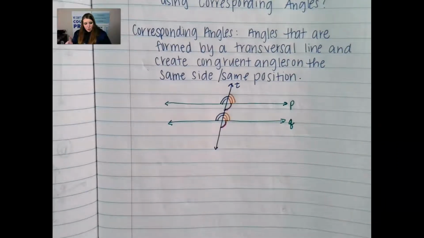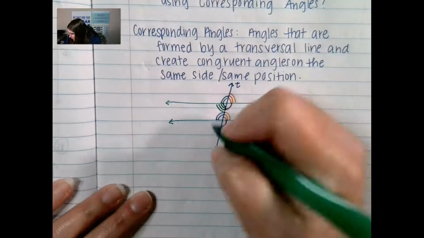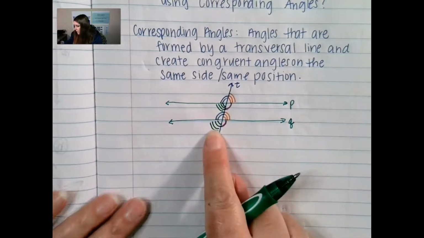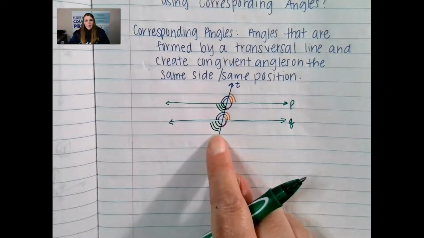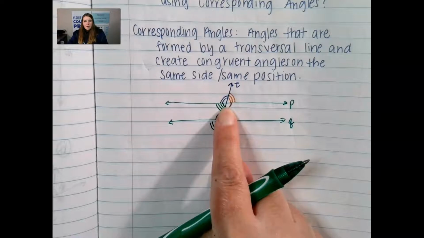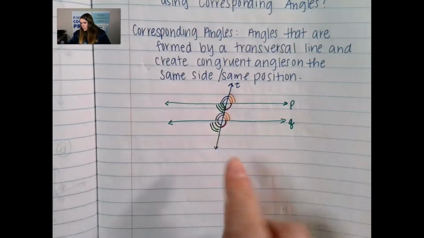And now we have one more left. Let's do this one in green. This one is going to have the same measure as this angle here, the bottom left. Bottom left is the same as the bottom left on the top line. So you can see that these angles correspond to one another.